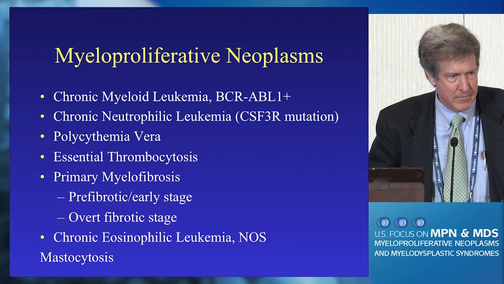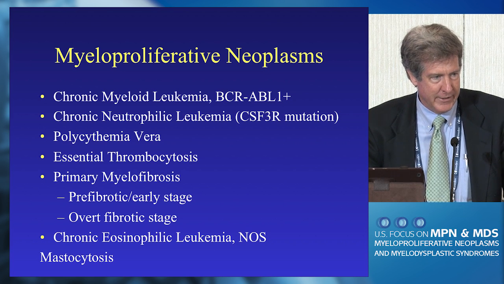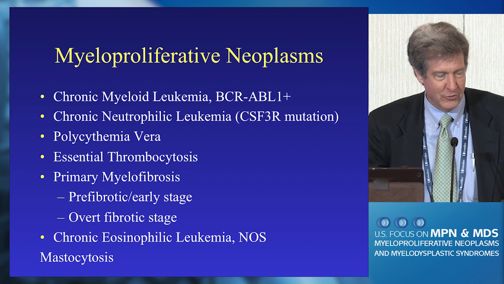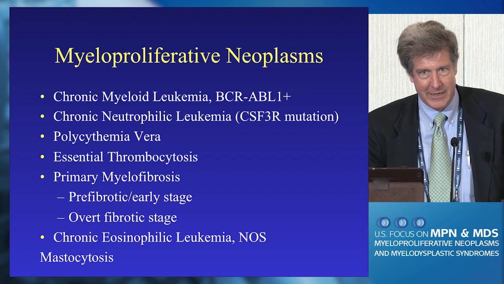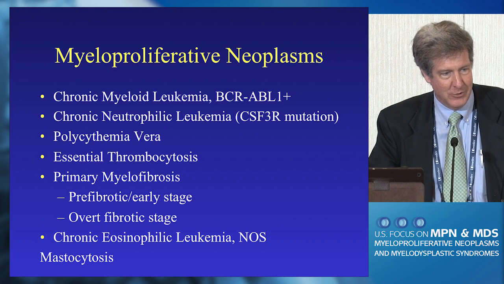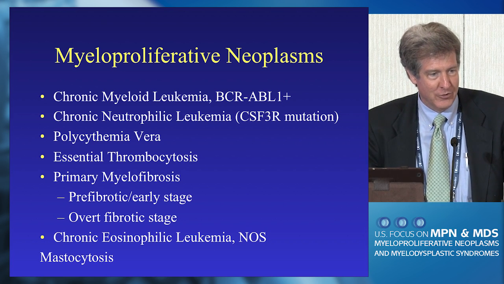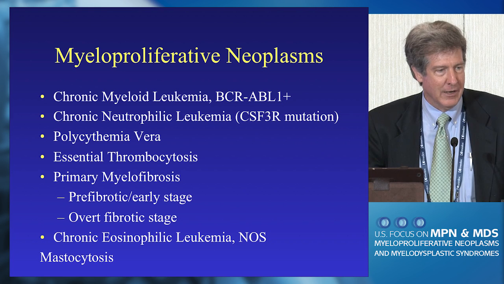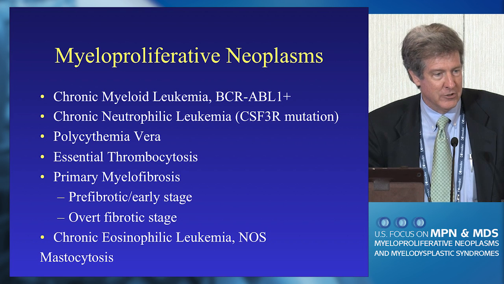And they now include chronic myeloid leukemia, the traditional BCR-ABL rearranged variety, chronic neutrophilic leukemia, which for those of you who are as old as I am may recognize that this is an appropriated name for a disease that used to be characterized also by BCR-ABL translocation with the P230 gene product, but now refers to a disease with the CSF3R mutation, which might be better known as mutation in the receptor to GCSF.